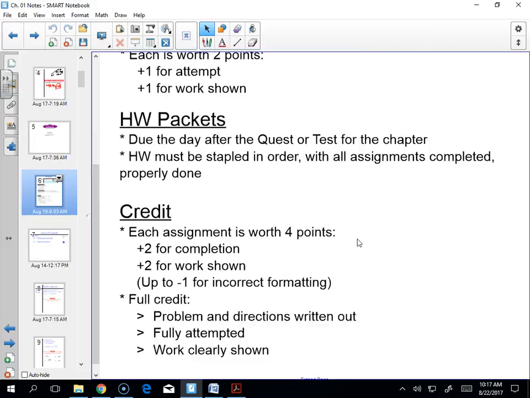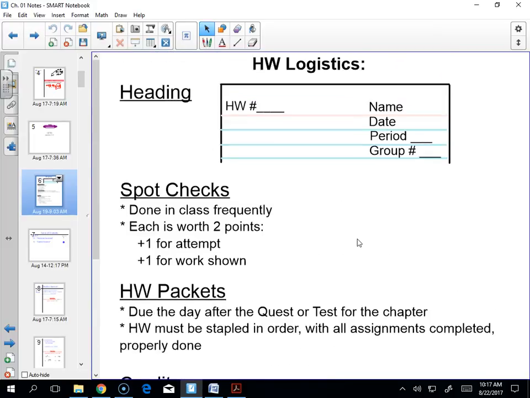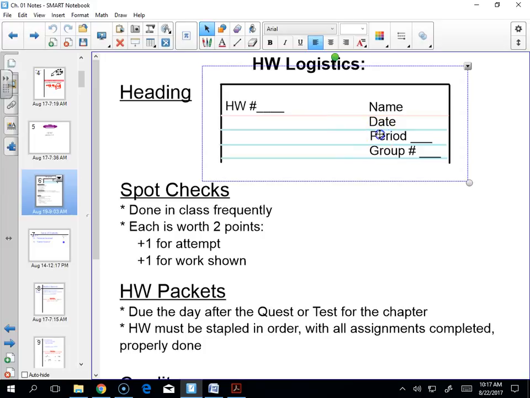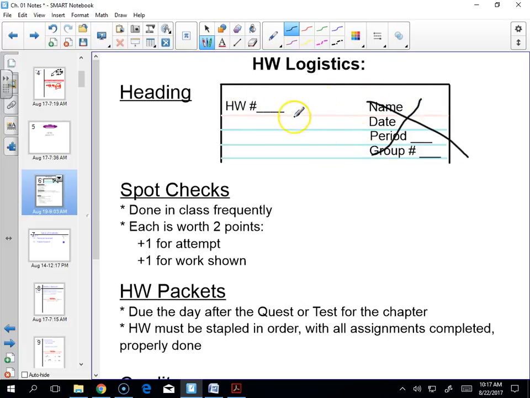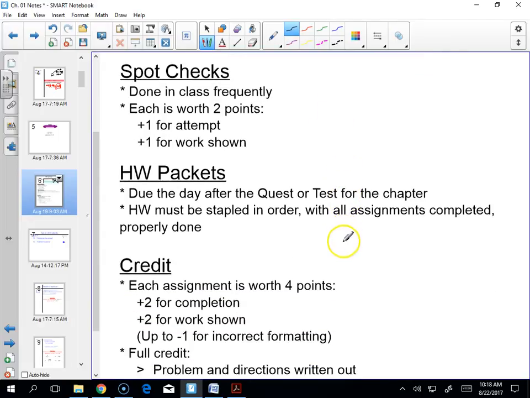You guys don't need to be doing headings because it's in your homework notebook now. I didn't used to do a notebook before. So we can go ahead and cross through all of that. You guys know I do want the homework number and I want the actual assignment written out. We talked about that yesterday.